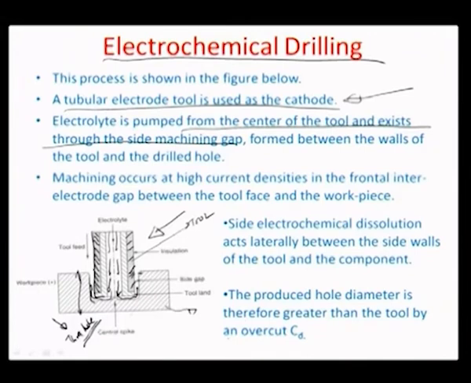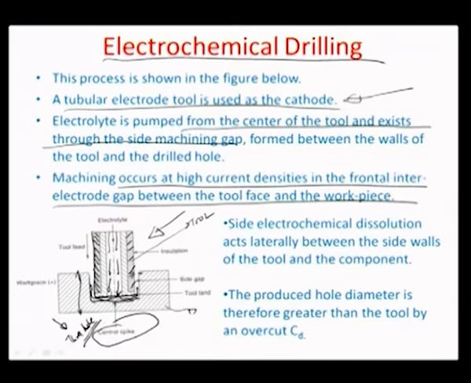The machining occurs at high current densities in the frontal interelectrode gap between the workpiece and the tool face, this gap right here. And of course, because of the flow dynamics across the emanating surface of the tool of the electrolyte, there is a ridge which is automatically formulated.